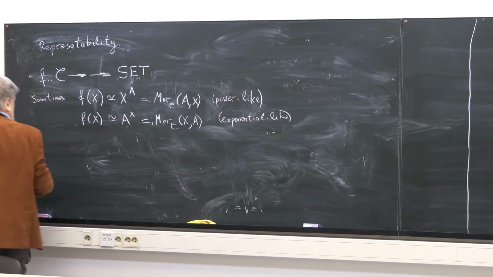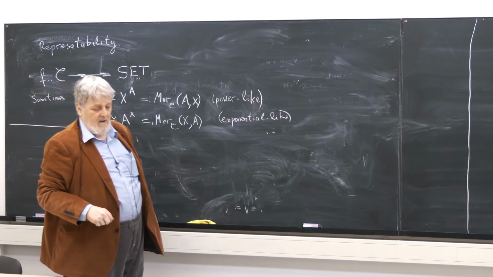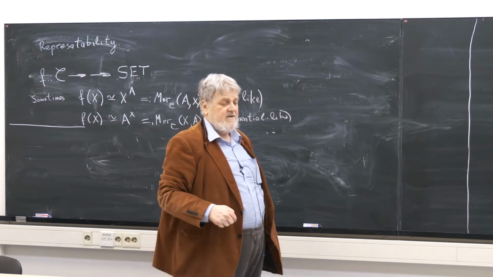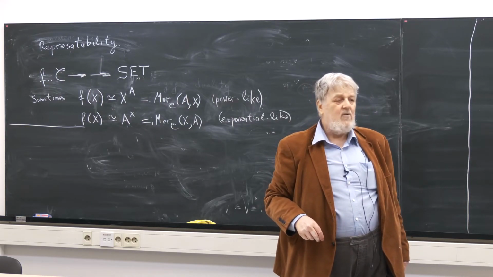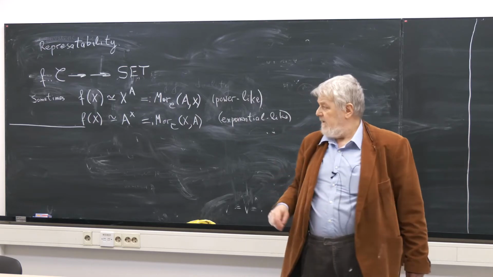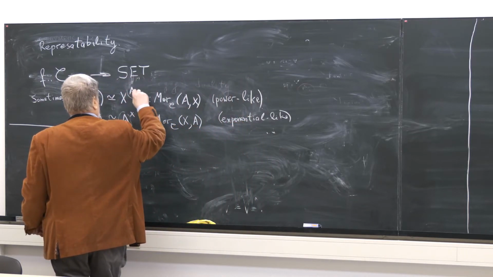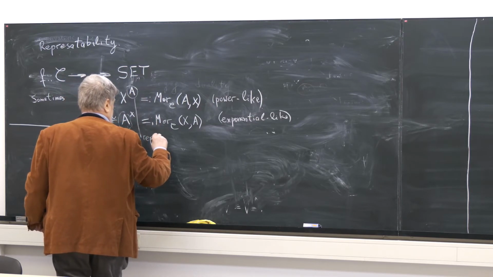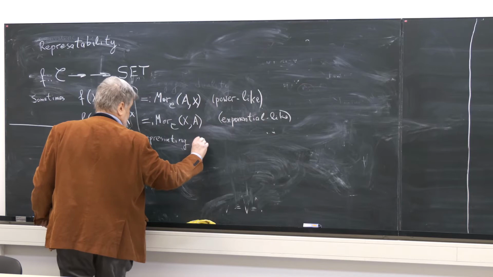So just a couple of standard examples. For example, the simplest class of functors from arbitrary categories to the sets are, sorry, let me say that in both cases, A are called the representing objects.